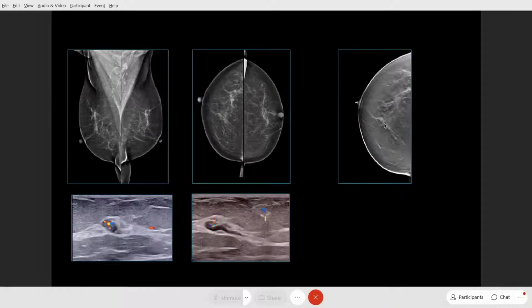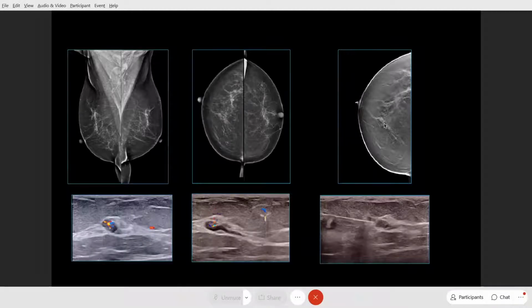I want to emphasize that whenever you do an ultrasound, always remember to document the lesion in two orthogonal planes, because a second plane can give you an entirely different look at the lesion. And you always have to measure in 3 dimensions. So you should not miss scanning the patient in the orthogonal plane. And this was indeed a papilloma, which was biopsied.